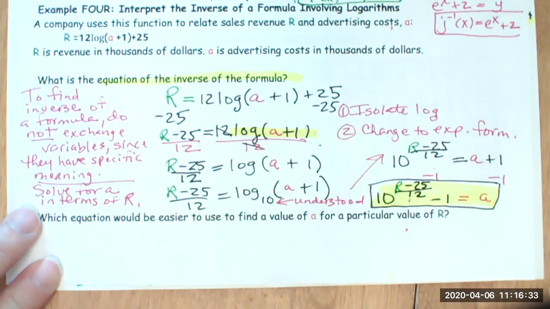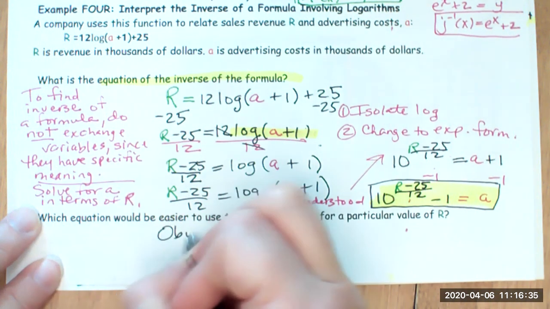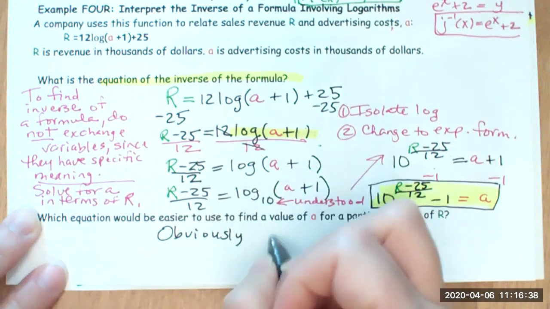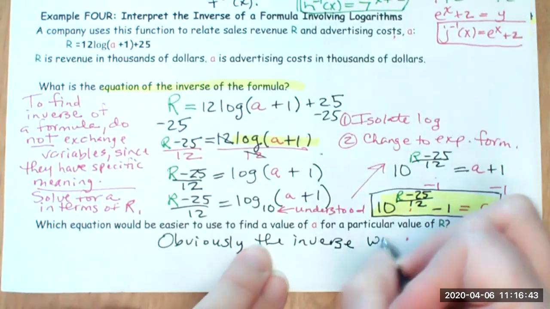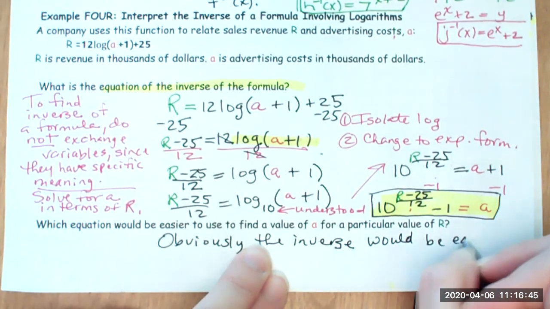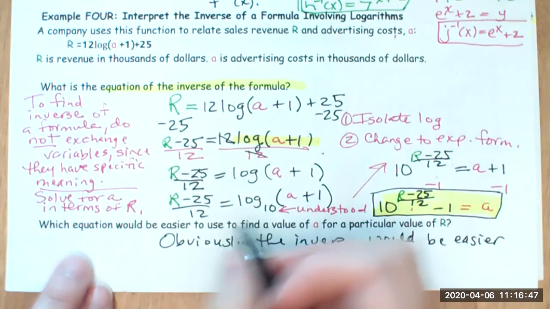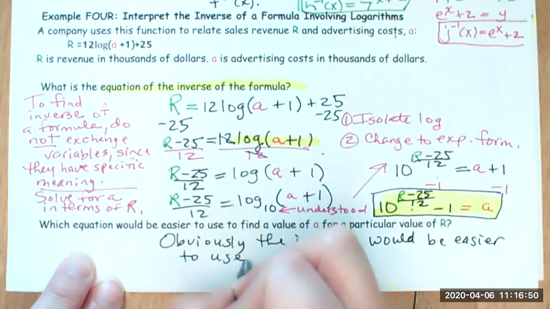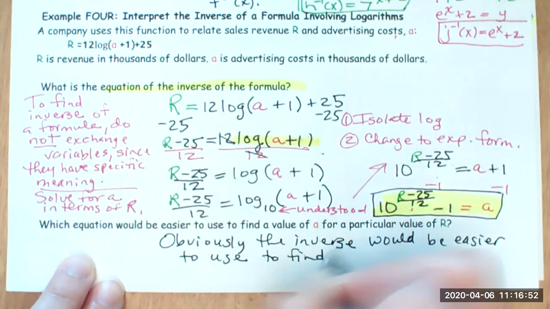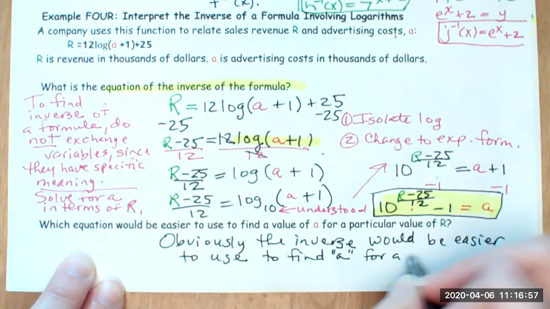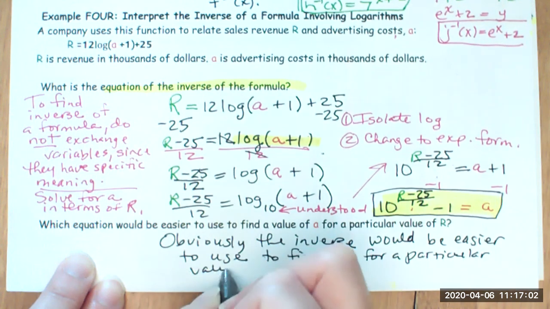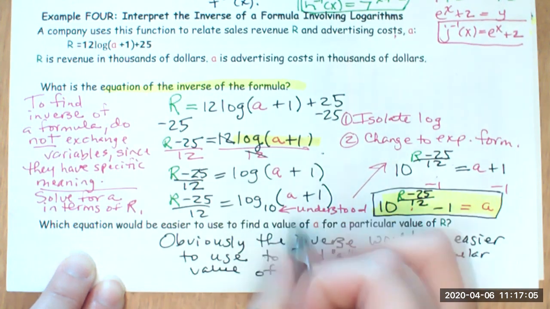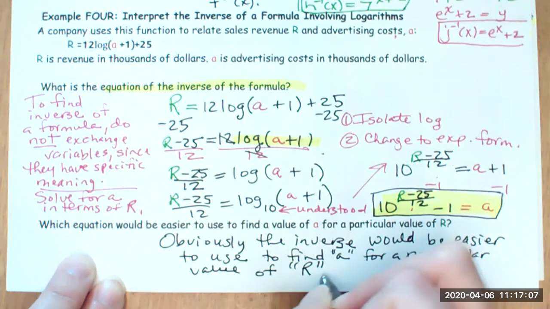So we can say, obviously, the inverse would be easier to use to find A for a particular value of R. Okay?